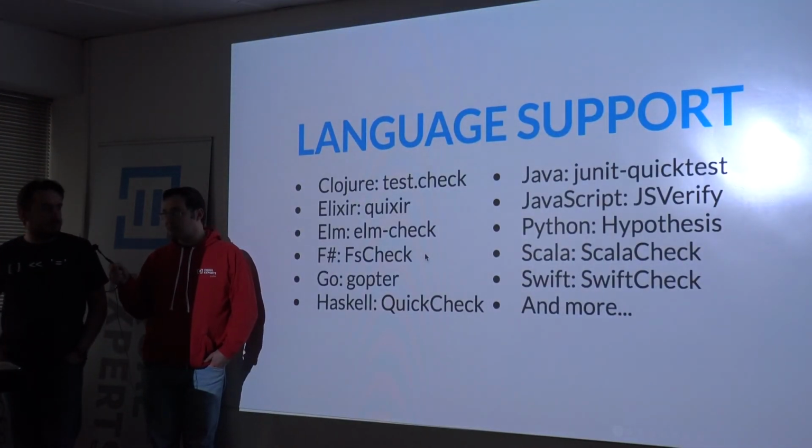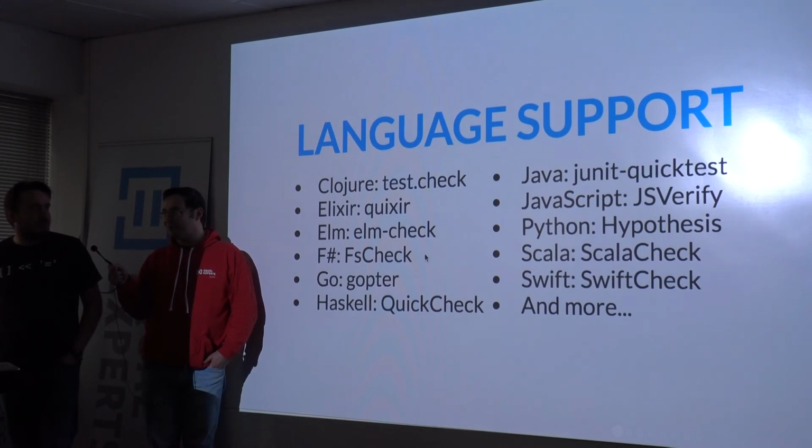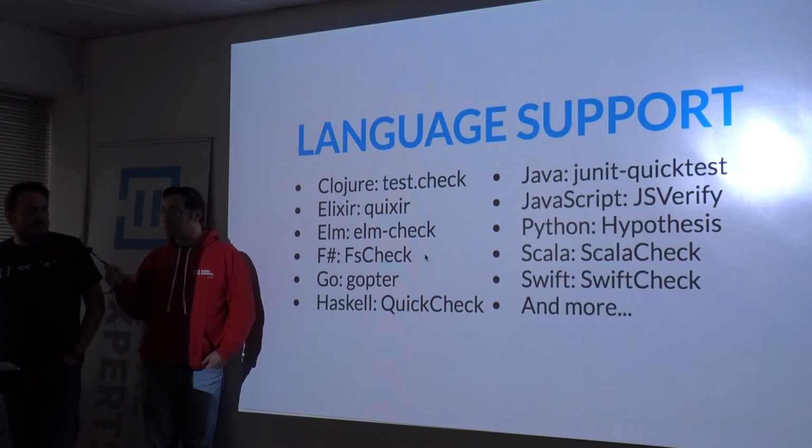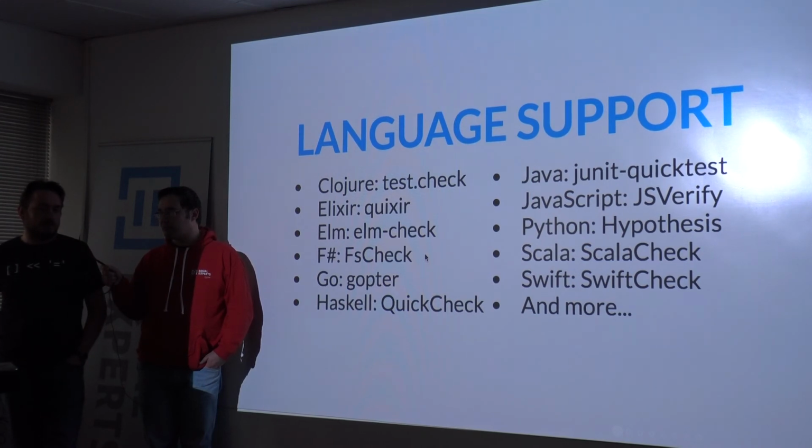So where can you use this? Well, there's pretty much one available for every language. Some languages do not have as great support for generators. For instance, JSVerify doesn't allow you to do complex stuff like commands, the concept of commands that you can have in QuickCheck or ScalaCheck.